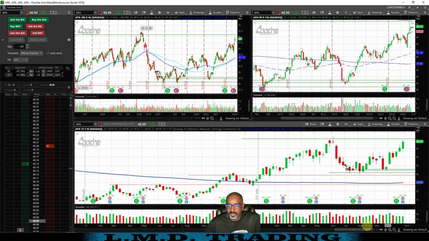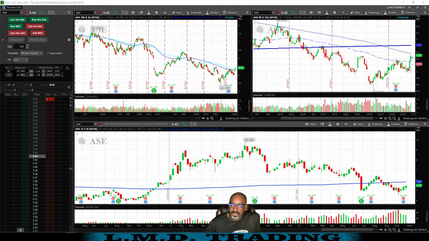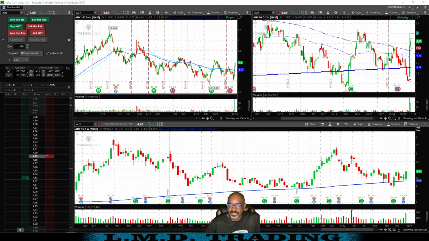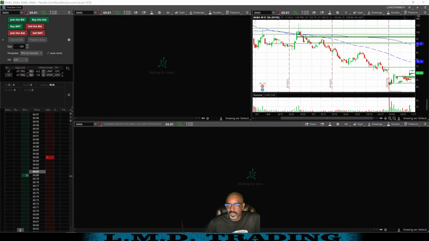On APA, what I would want to see is a break and a retest of this area right here. So that's one that I'll be kind of keeping an eye on. That's coming up on it. Nope. That's testing, but it's still in a downtrend, so we need to see that trend change. And that's all I do right there. That is all I do.